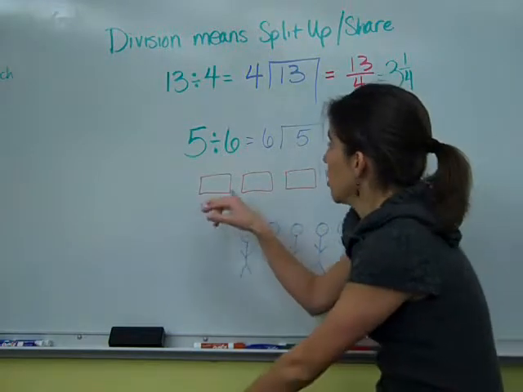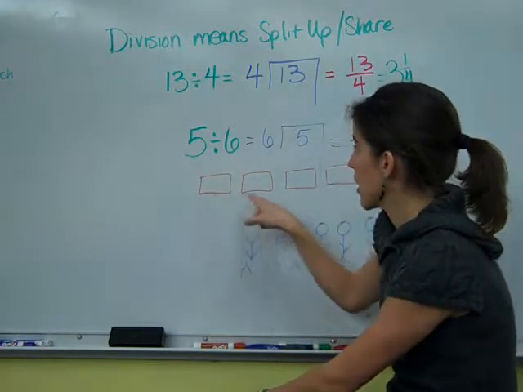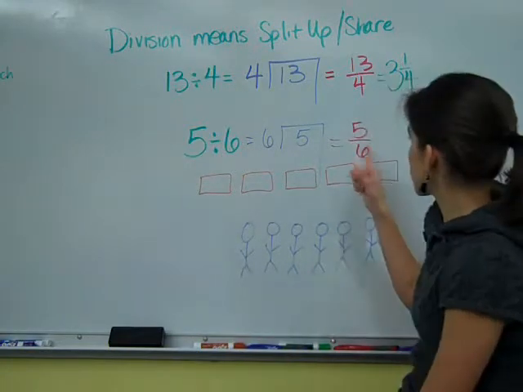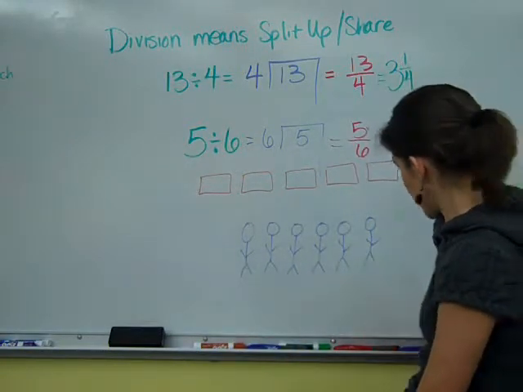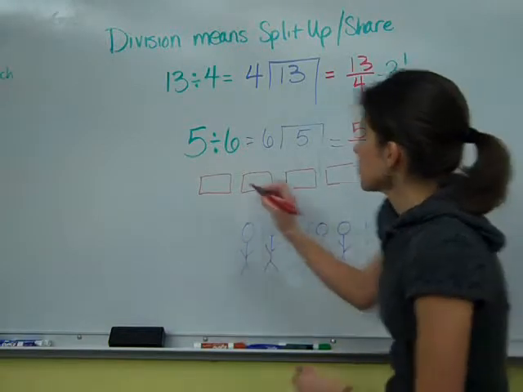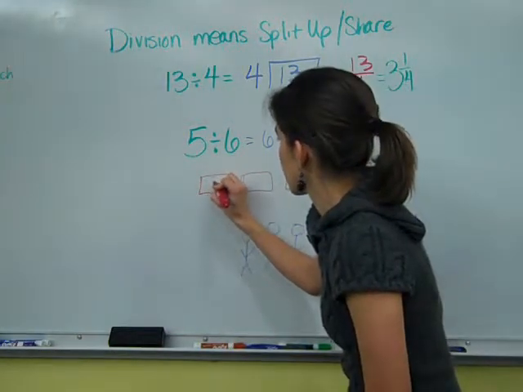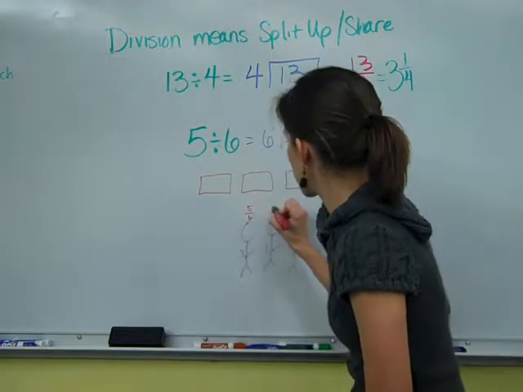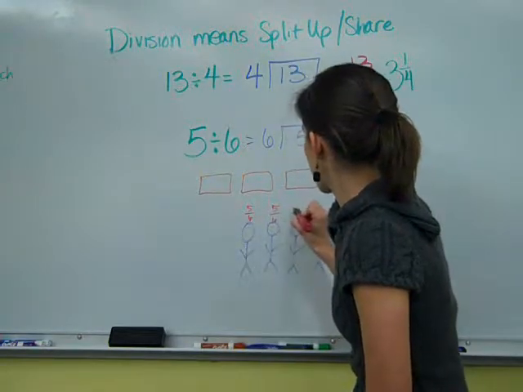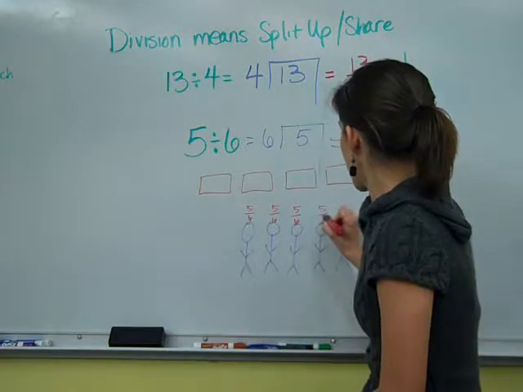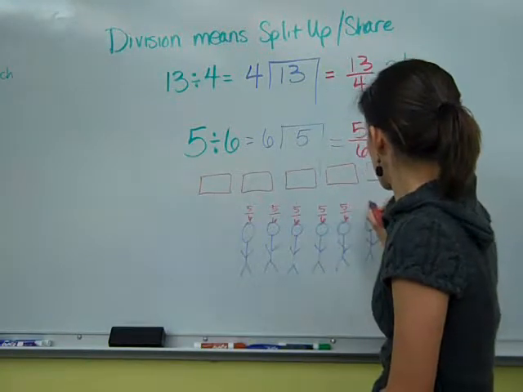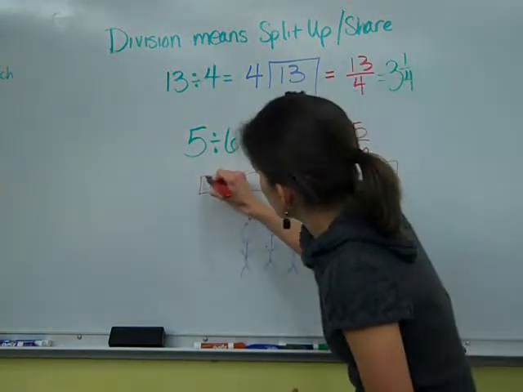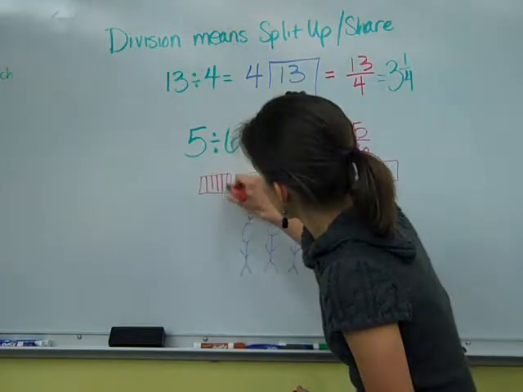That's impossible. So what we're going to have to do is split up each one of these so that somebody can get a piece of it. So let's try seeing if each person could get that 5/6. So if this person were to get 5/6 of a bar, this person 5/6, this person 5/6, and this person 5/6. That would be 1, 2, 3, 4, 5, 6.